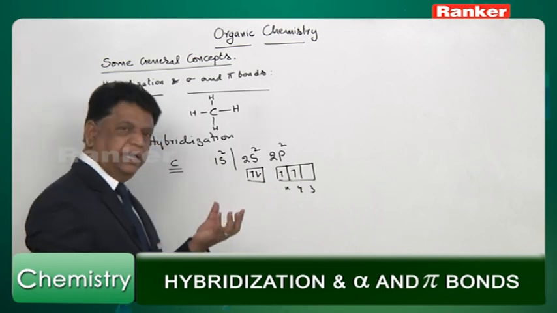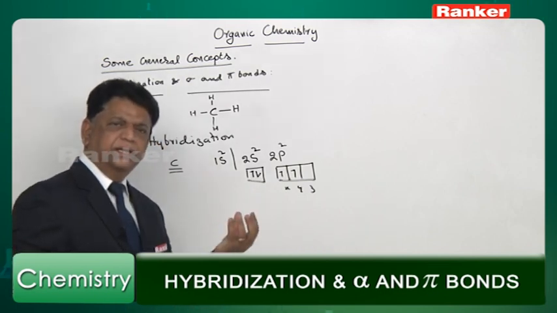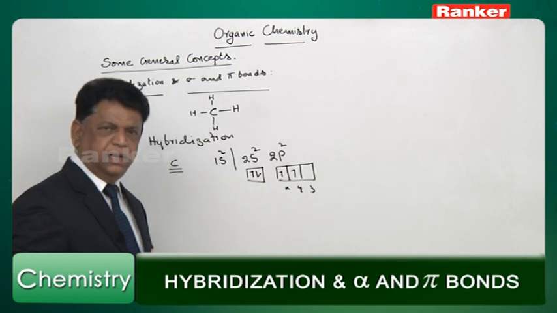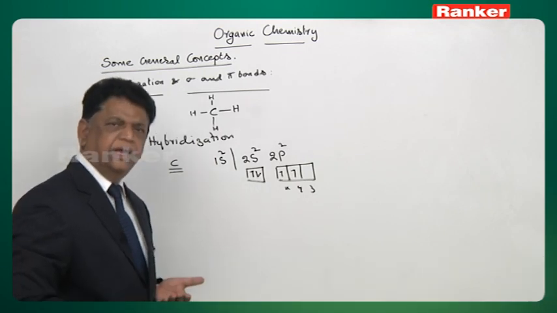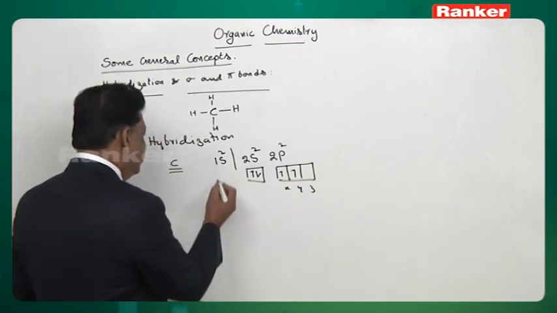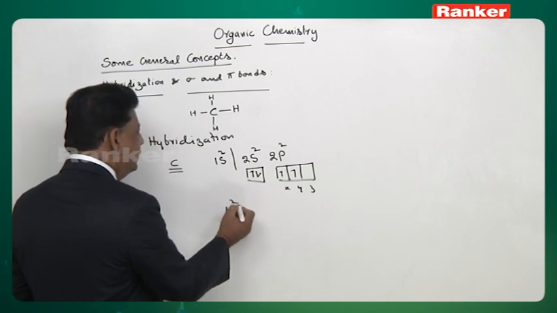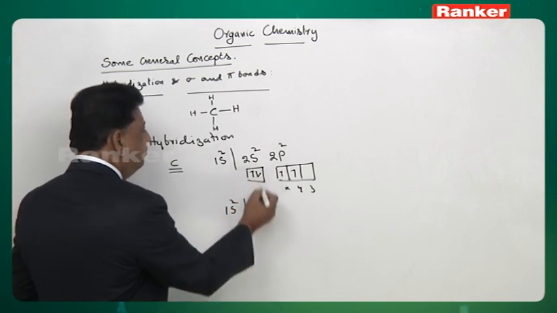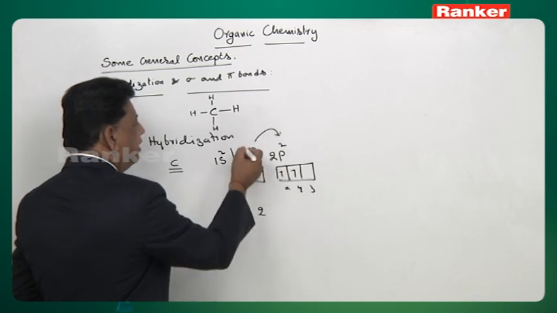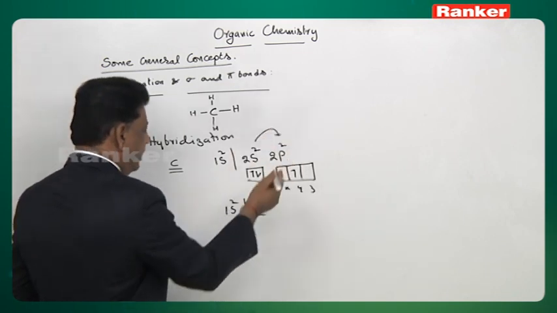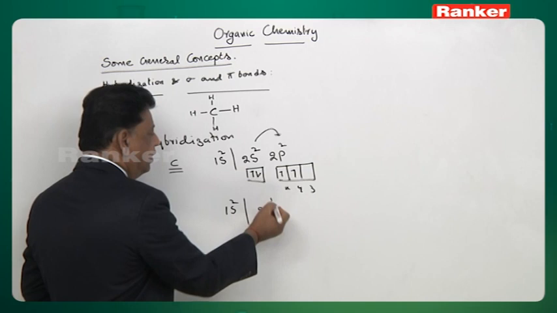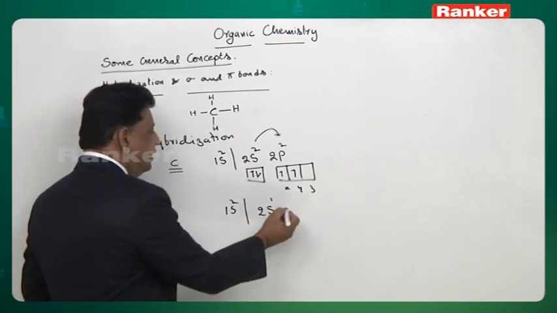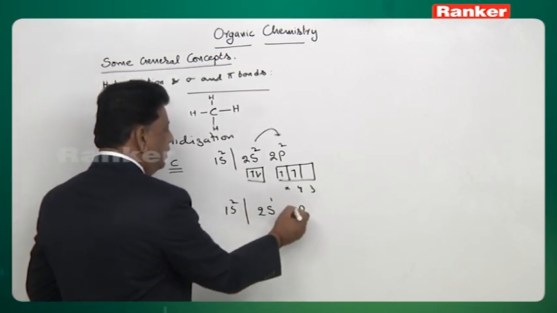The carbon takes some energy available in the surroundings and goes to the next electronic configuration, that is called the excited electronic configuration, in which 1s2 will be intact, but one of the electrons excites from this place to the next one. So, therefore, the s orbital will have only 1 electron. In the p orbitals we have 3 electrons.